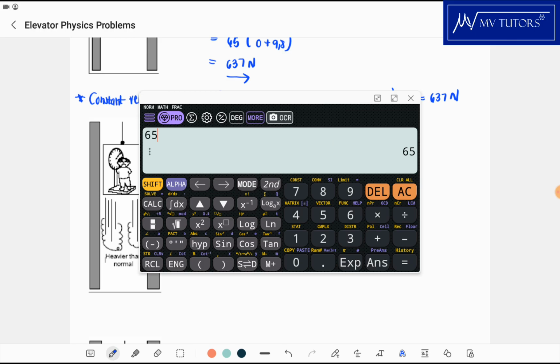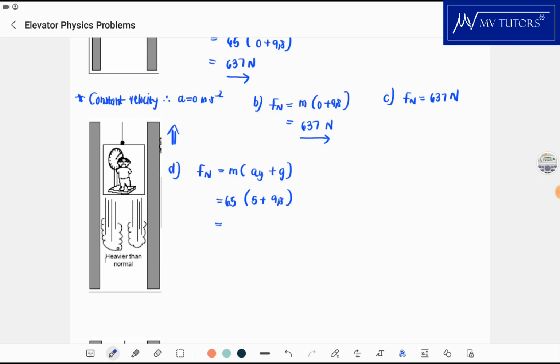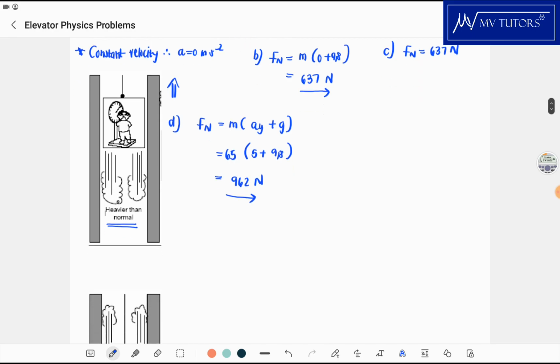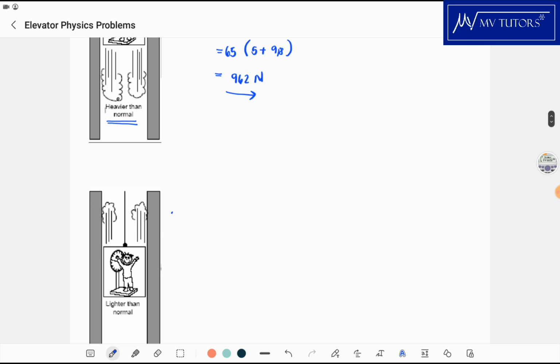Basically, we're going to have 65 times (5 plus 9.8), which is 962 Newton. Here in this image we can see that when you're accelerating upwards, you are heavier than normal. If I'm going to take my scale into an elevator and it's moving upward, I will not take that reading. Thank you very much.